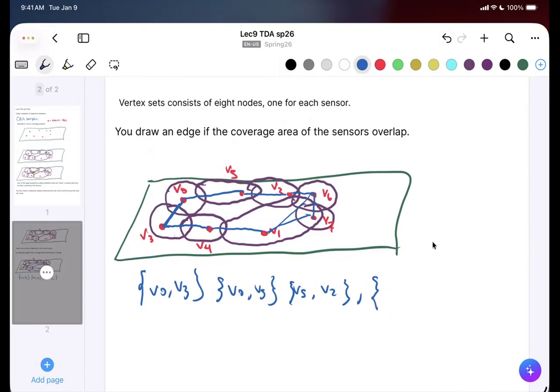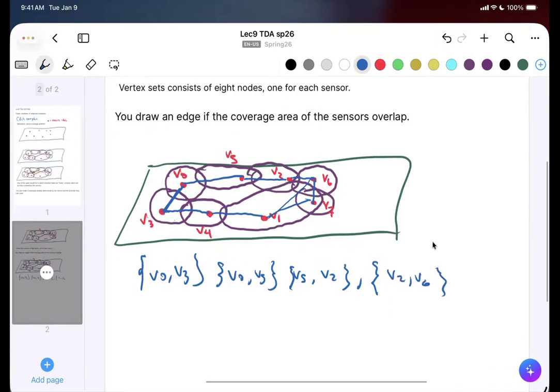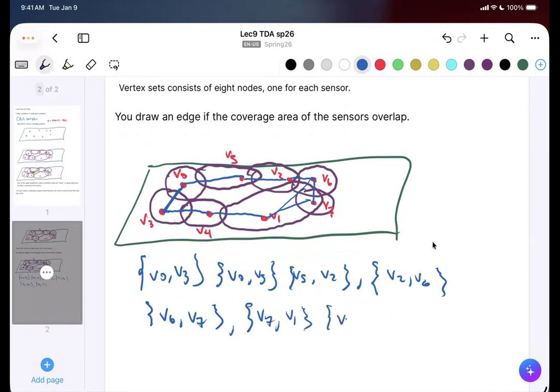You just write a bunch of subsets that determine all the relations: V2, V6, and then V6 with V7, and then V7 with V1, and then V6 with V1. And then V4 with V1. I think those are all.